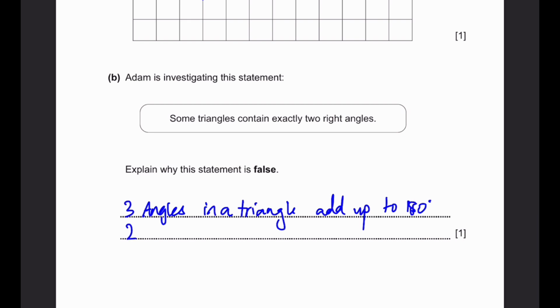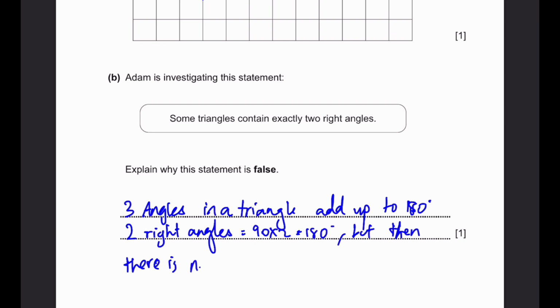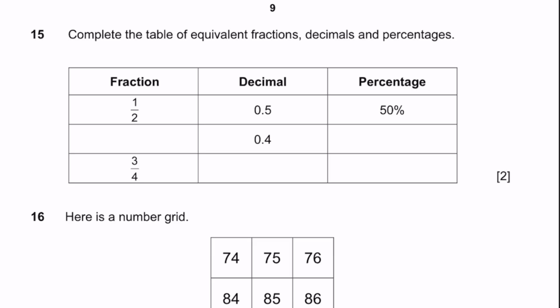Well, 2 right angles equals 90 into 2, which is 180 degrees. But then the third angle is actually empty. There's 0 degrees. There is no third angle, in other words. And that's the answer.